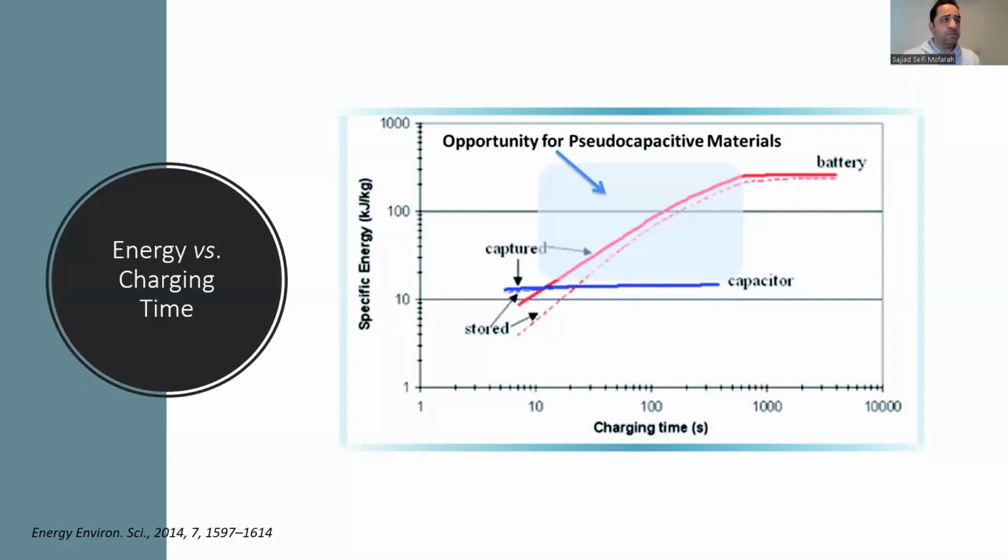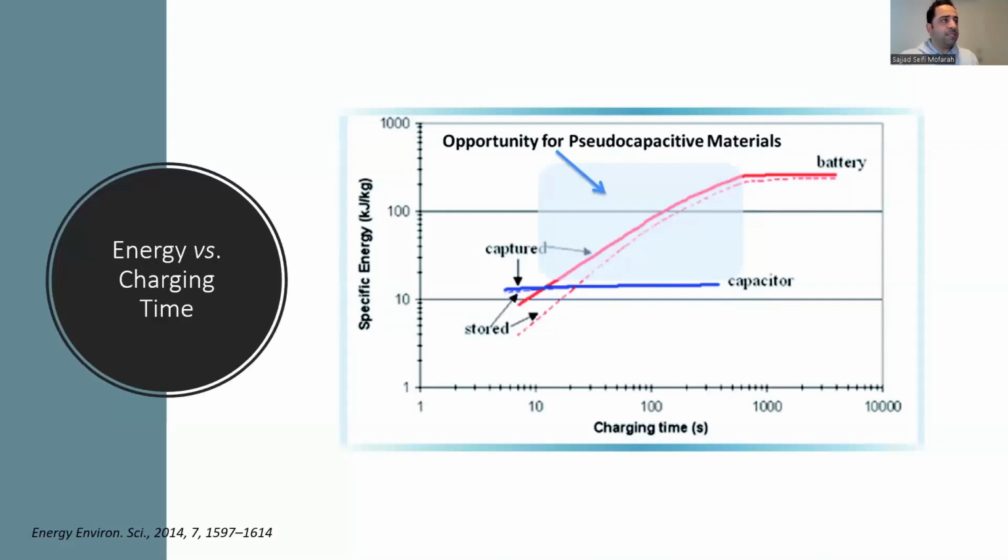That means that regardless of the charging time, the specific energy density of supercapacitors is low, and this is the nature of supercapacitors. However, for the red line, which is related to battery materials, if you have a very short charging time, less than 10 seconds, you have very small specific energy density.